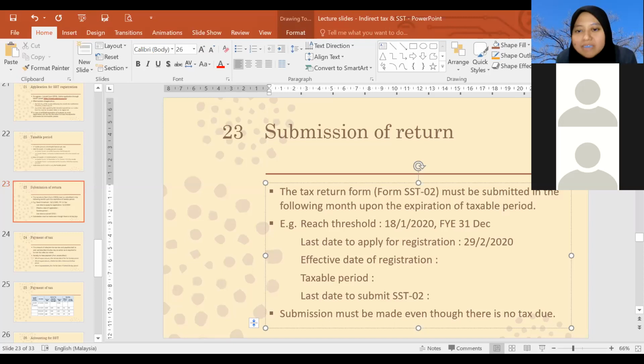What is the effective date of registration? Others? What's your answer?